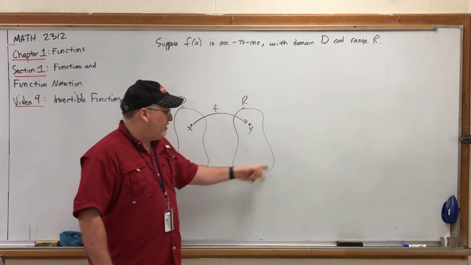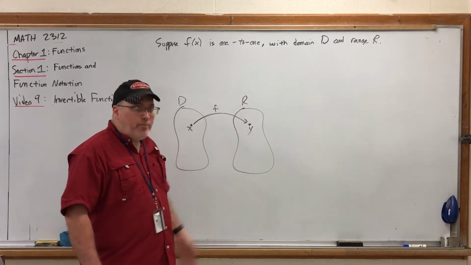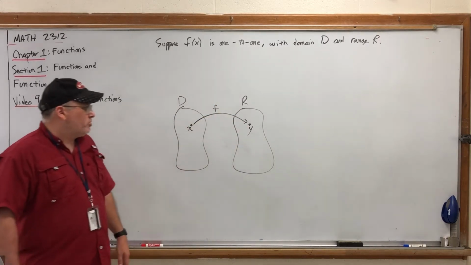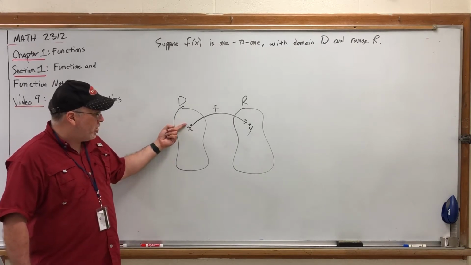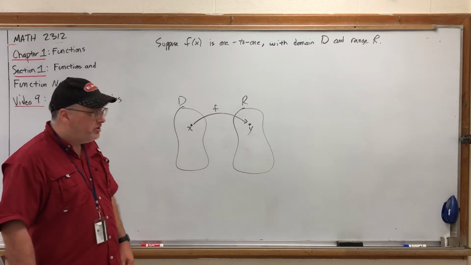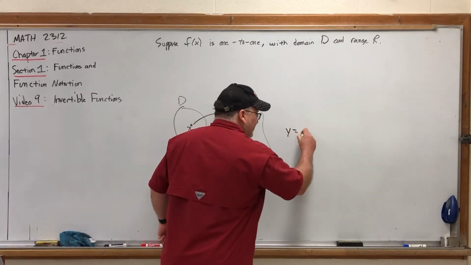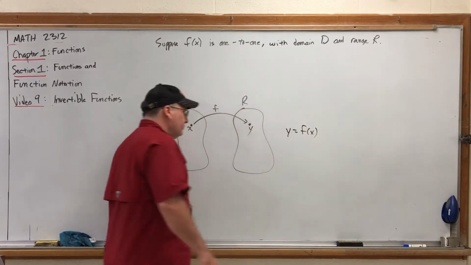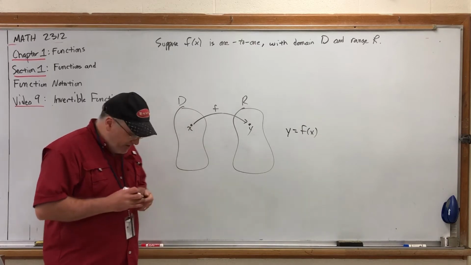And in this lamina over here, we're representing the range, meaning all the outputs. We can illustrate the function by picking an element in the domain, let's call it x, and pointing it to its corresponding output in the range. In other words, y is equal to f of x, by pointing x to y, x in the domain, y in the range.